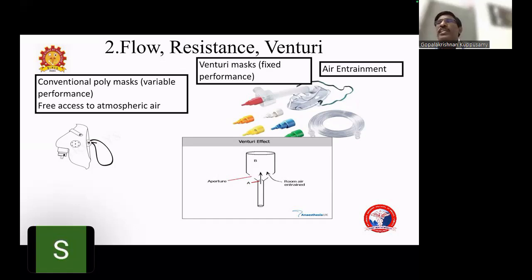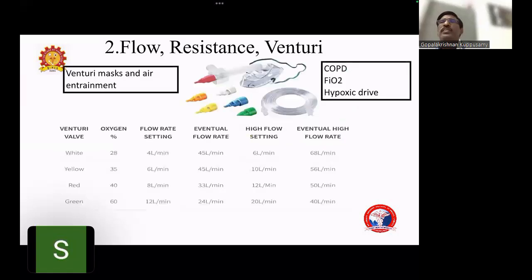That is why these are called Venturi masks. But they require very high flows to deliver the set FiO2. This is a particular example of various colors and various FiO2 oxygen percentages, 28, 35, 40, 60, with the flow rate settings needed.